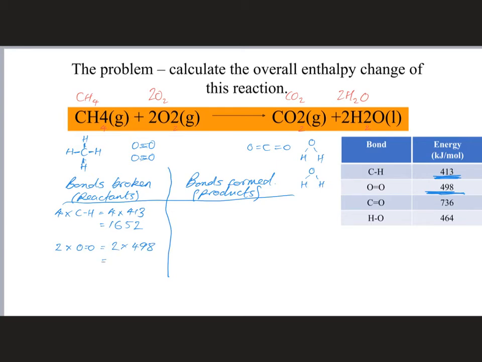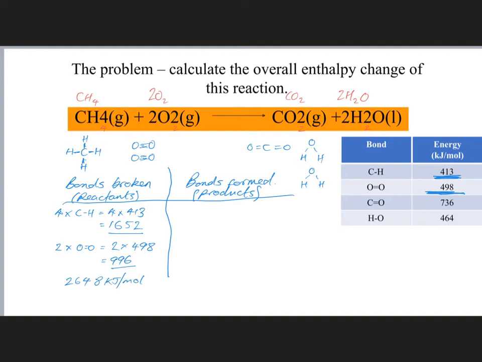And smash that into the calculator, that comes out as 996 kilojoules of energy in order to break those bonds. Now if you add 1,652 to 996, that gives you a total of 2,648 kilojoules per mole of energy needed to break all of those bonds.